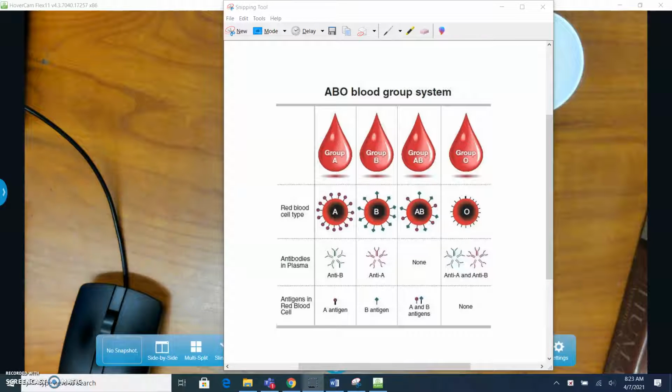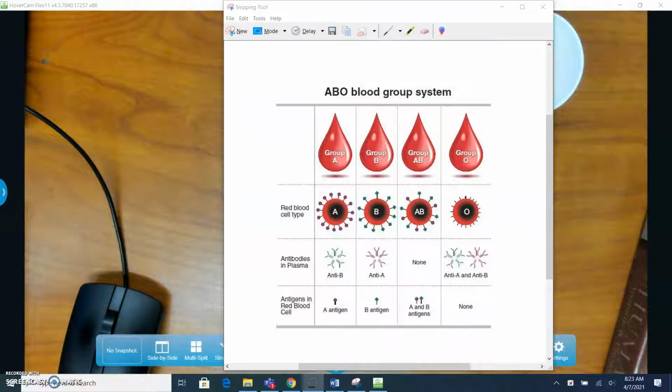Down in the bottom row, those red circles are identified as the A antigen, and the turquoise diamonds are identified as the B antigen. So blood type A has A antigens, blood type B has B antigens. Blood type AB has both types of antigens. And blood type O has no antigens, so it is blood type O.